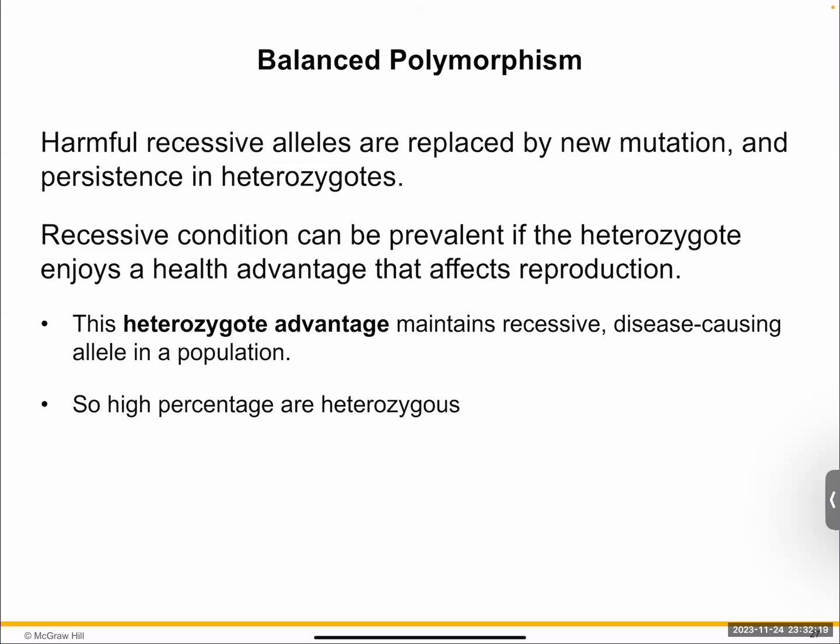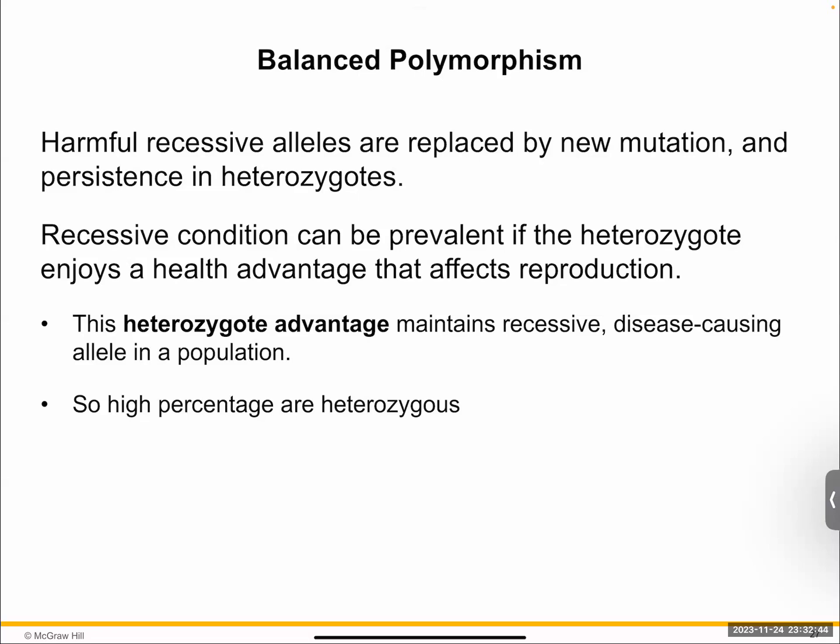However, they also provide protection against another disease or another medical condition. And therefore, you will have a lot of heterozygous individuals who have the recessive allele, but they're only carriers.